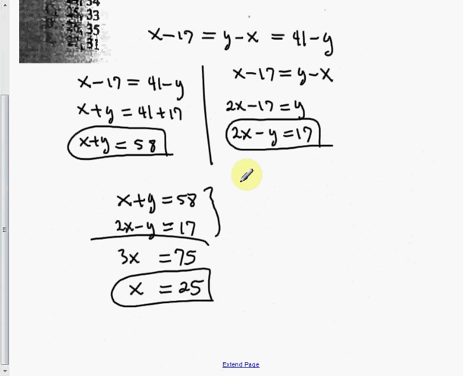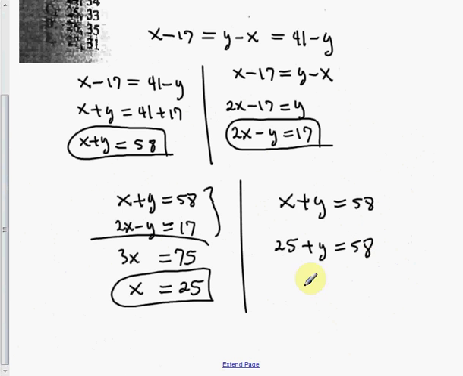I was looking for x, but I also want y. No problem. I can find y because I have x plus y is equal to 58. I have x, that's 25, plus y is equal to 58.